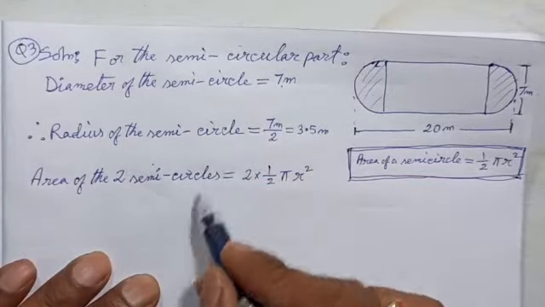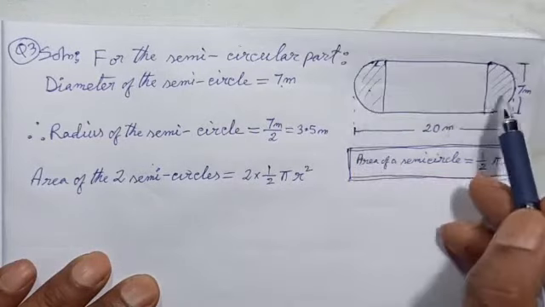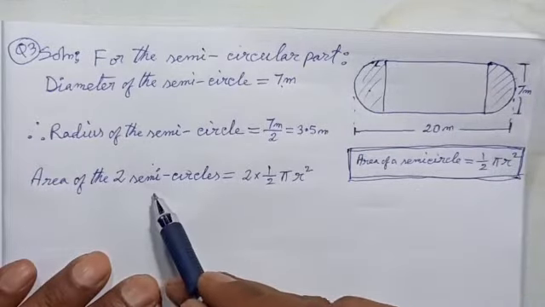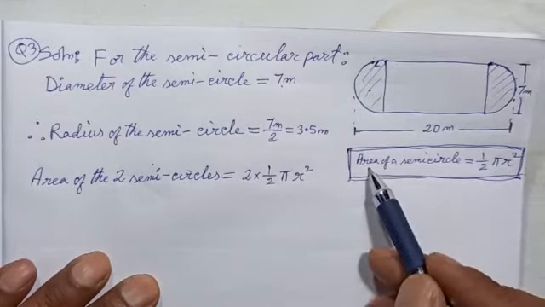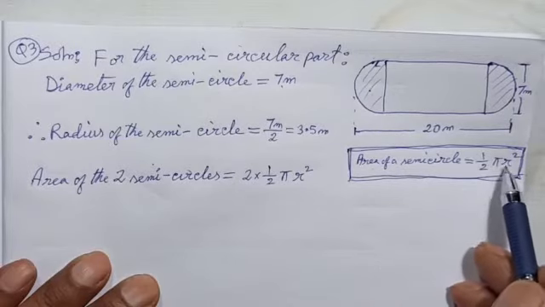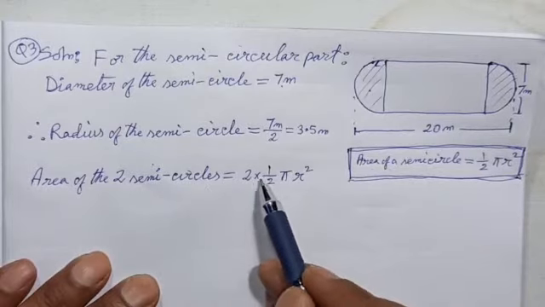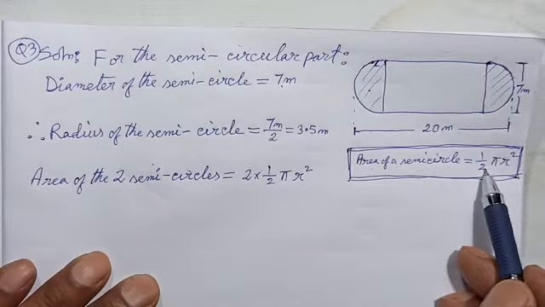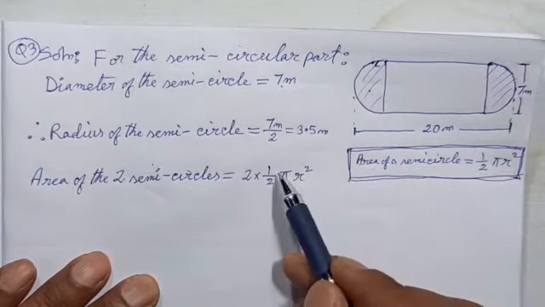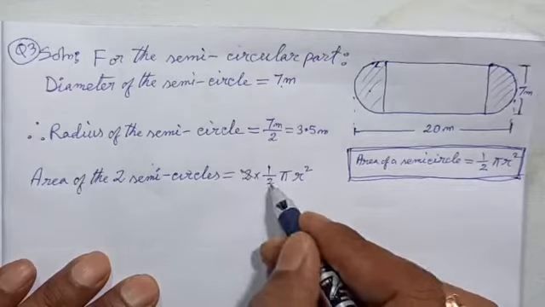Next is area of the semicircle. This is also a semicircle. So there are two semicircles. So area of two semicircles. And we know that the formula for area of a semicircle is 1 by 2 pi r square. So for two semicircles, 2 into the area of a semicircle, so half pi r square. Next, 2 and 2 are cancelled.